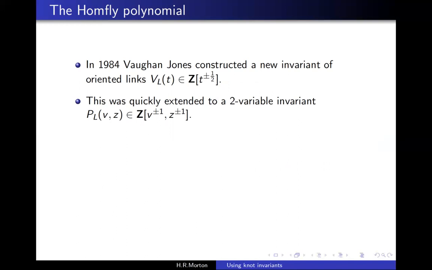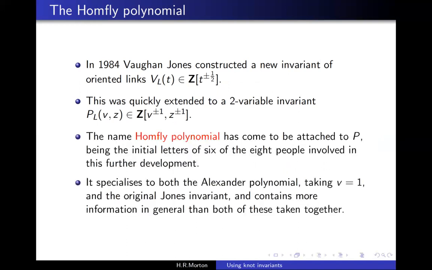He constructed a new invariant of oriented links, and it was very quickly extended to this 2-variable invariant P, which was named either the Humphrey polynomial, the initial letters of 6 of the 8 people.